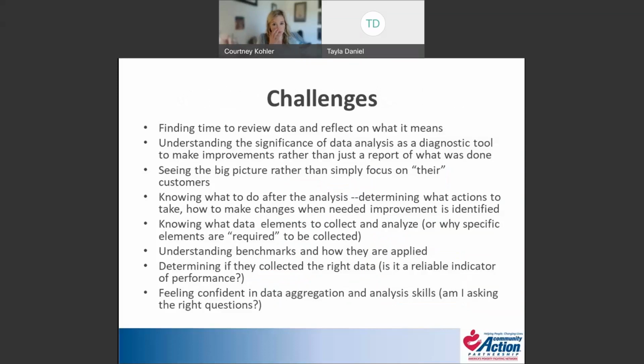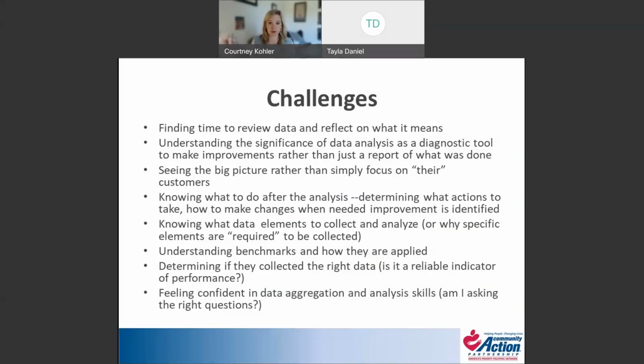But we do know that it comes with challenges. So finding time to review data and reflect on what it means, that can be time consuming. Also understanding the significance of data analysis as a tool to make improvements rather than just reporting. So I think sometimes we get in such a mindset of what we need to get done for a requirement or a deadline.